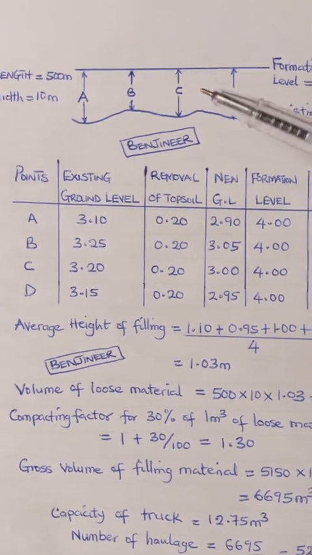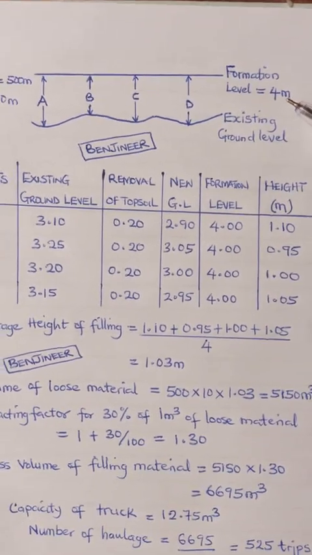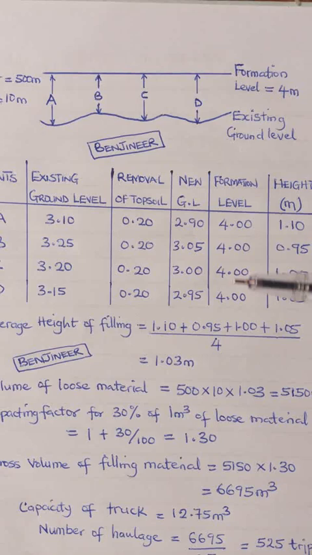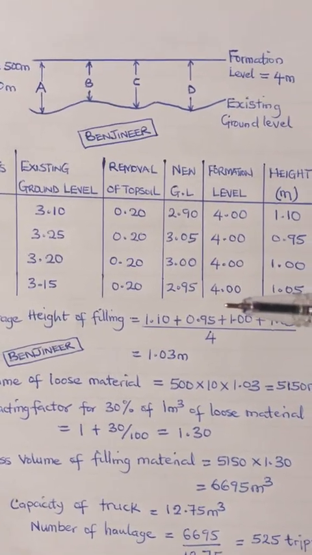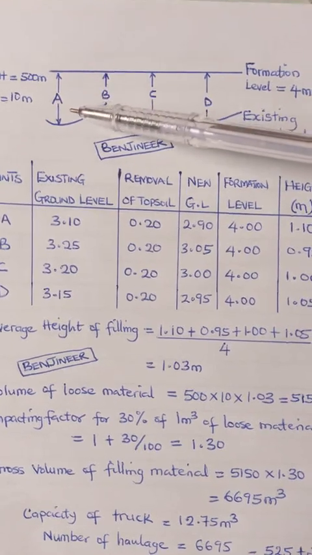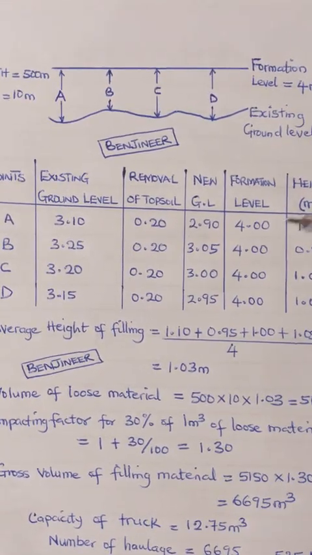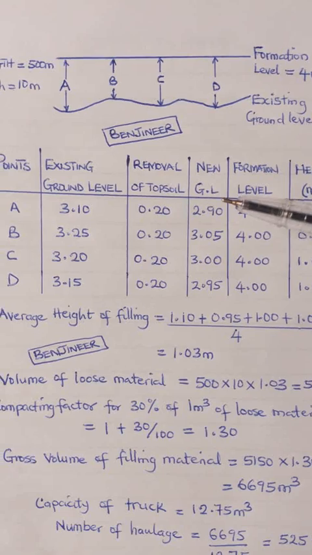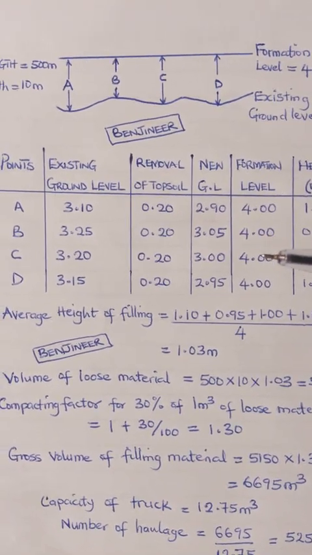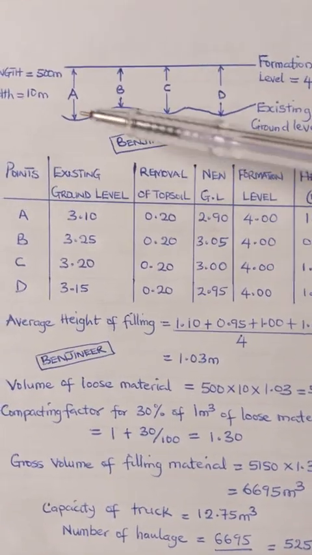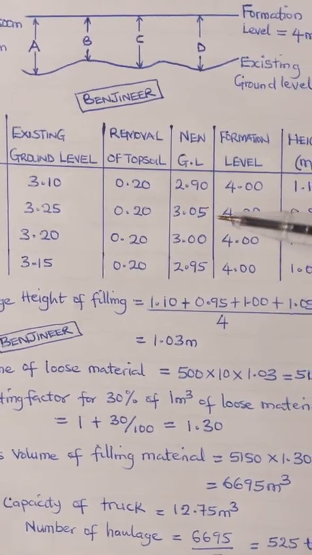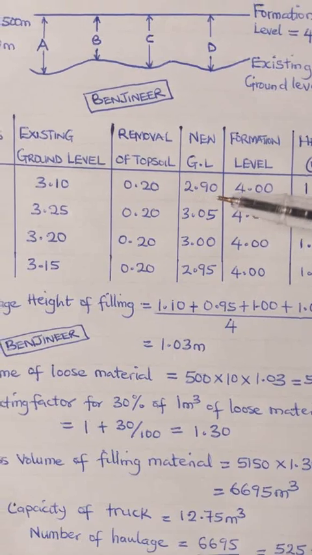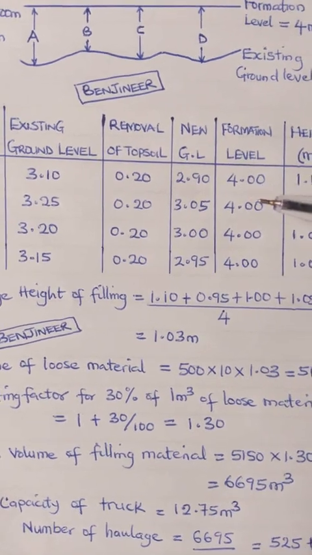Then our formation level here, we have it as 4 meters. So for us to get the height of A, B, C, D, we have to deduct the new ground level from the formation level. So we deduct 2.90 from 4.00.